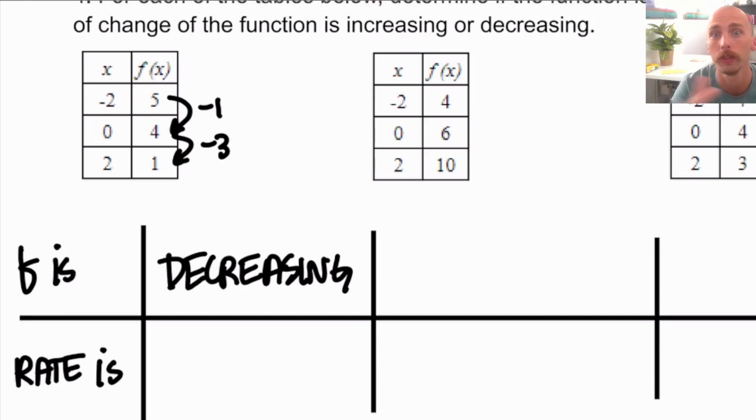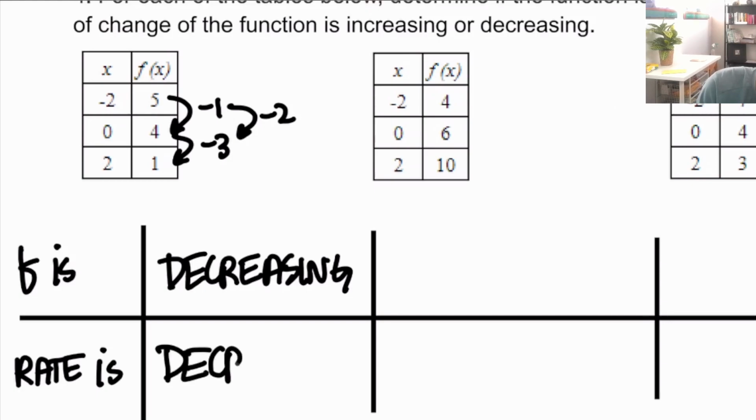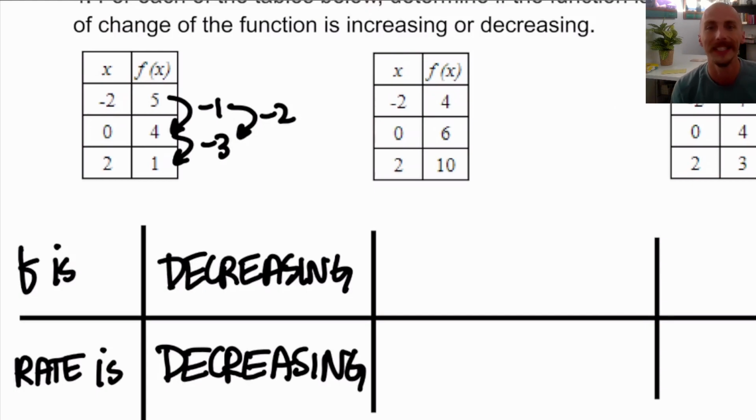We're going to look at the rates of change and see, did they increase or did they decrease? And so if I went from -1 to -3, that was subtracting 2, that's a negative number. So the rate is going to be decreasing. So f is decreasing at a decreasing rate.